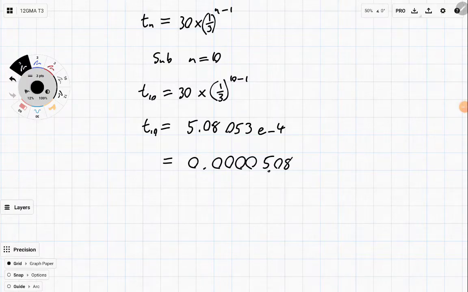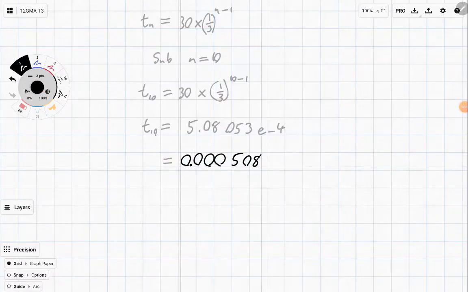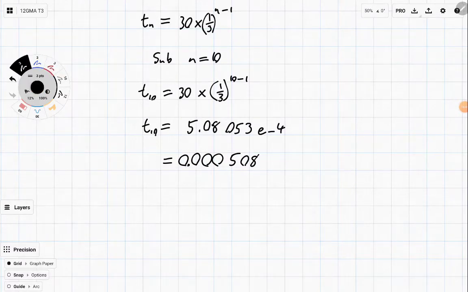Right, because the decimal point was here and it's moved 1, 2, 3, 4. Oh, put it in the wrong spot. Should have gone here. So the decimal point was here and it's moved 4 spaces to the left. So that's all scientific notation. And you will get some scientific notation answers in this one just because the numbers can get so big and so small. So it's useful to be able to convert back and forth between them. So the 10th term would be that.